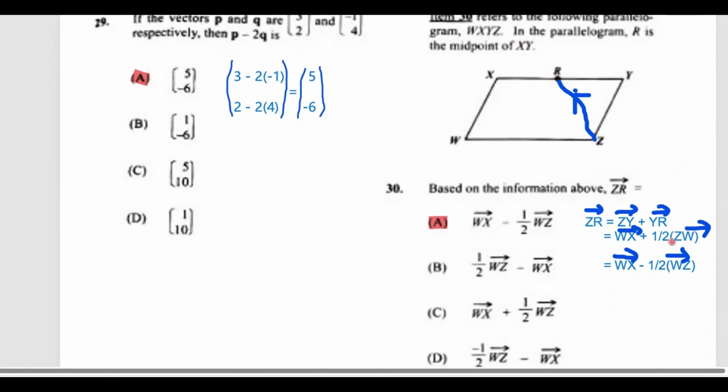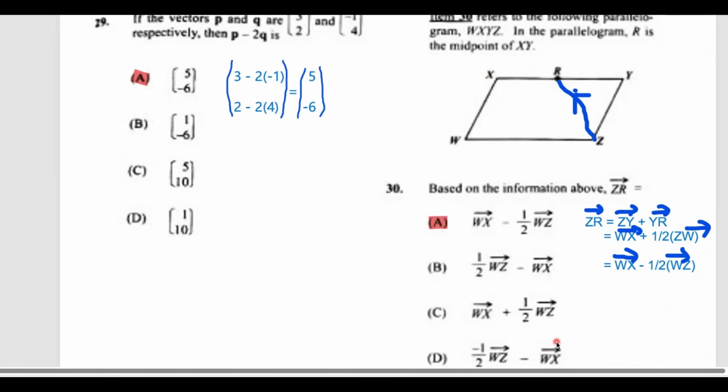So it's WX plus YR. What is YR? That is half of YX. YX is parallel to ZW. So YR being half of YX will be half of ZW, because ZW and YX are the same vector. So it'll be plus half of ZW.